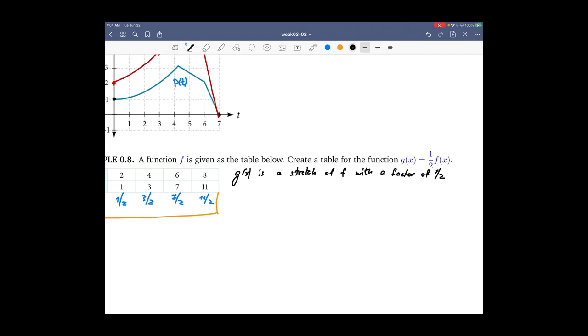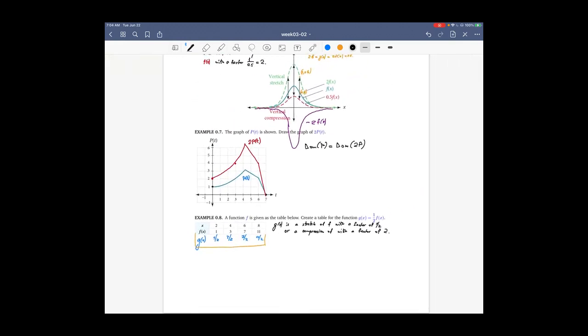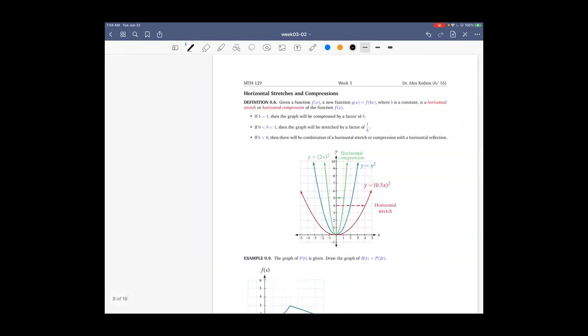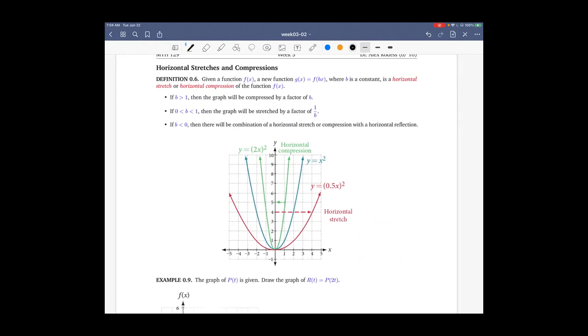I would rather say a compression of f with a factor of 2. All right, that's it for vertical stretches and compressions. Let's talk about horizontal stretches and compressions.